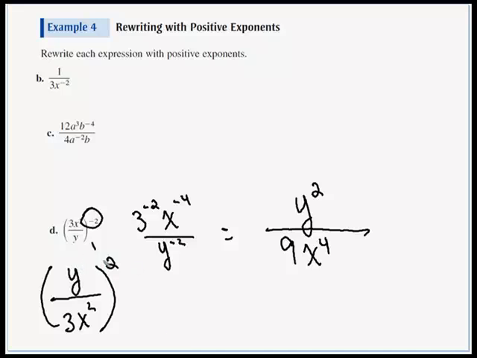And if we distribute this, y to the second power in the numerator, that's what we have right here. And in the denominator, 3 squared would be this 9, and x squared squared would be our x to the 4th. So you can do it the long way, take a couple extra steps, or if you remember, if you have a fraction to a negative exponent, flip the fraction, flip the negative to a positive, and you're done.